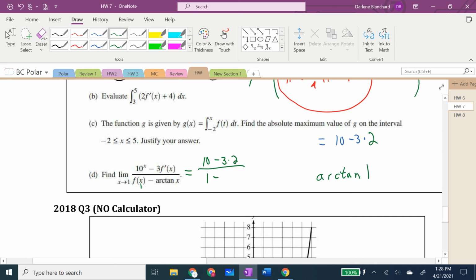So keep in mind the input-output swap when you're dealing with inverses. So it's asking, what is the angle whose tangent gives me an answer of 1? And what angle does that? Pi over 4. And that would be an answer to that limit. You can simplify or not simplify, and you've got it right there.